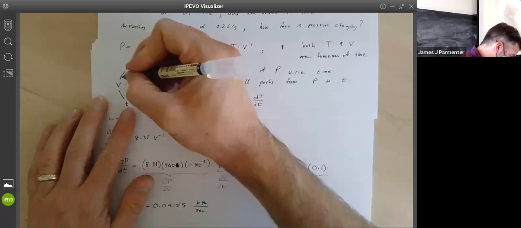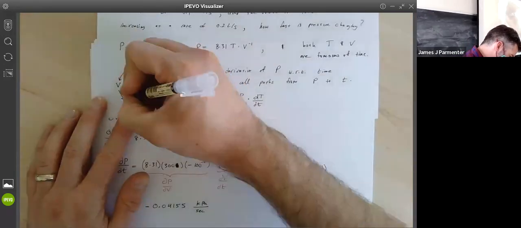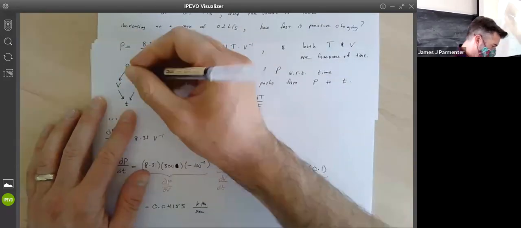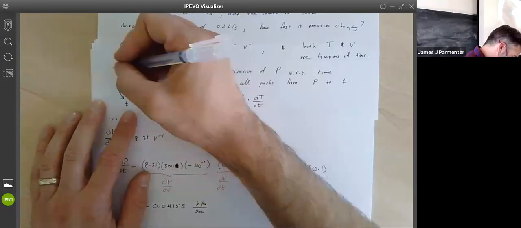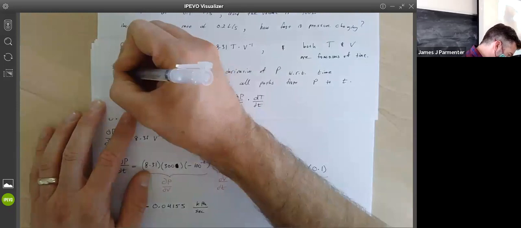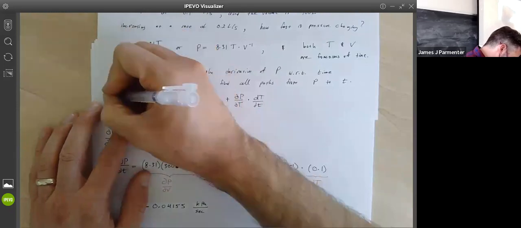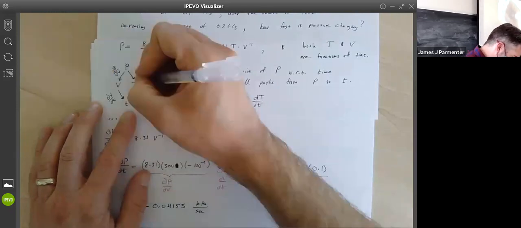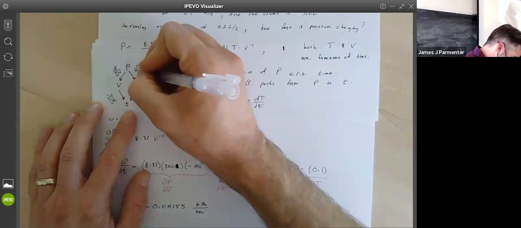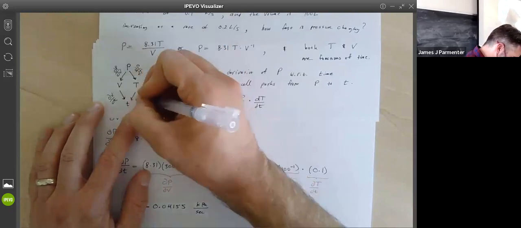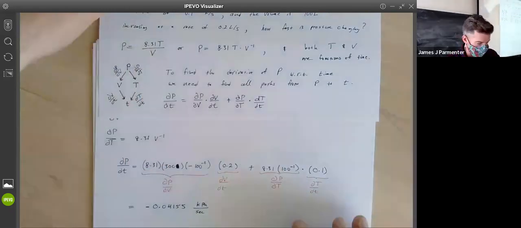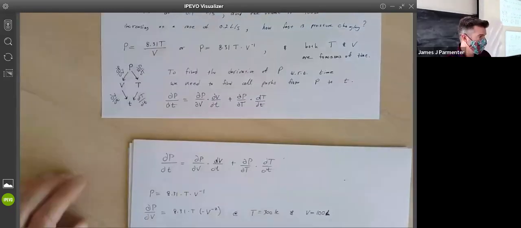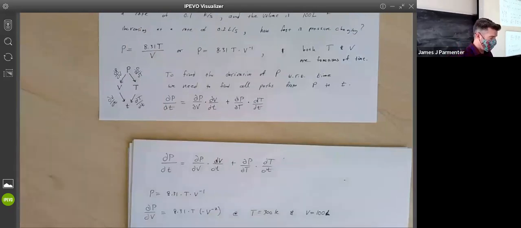So typically, to get from P to V, you're finding del P del V. To get from V to T, you're finding dV dt. To get from P to T, you're finding del P del T. To get from T to T, you're finding dT dt. That's the main gist of what's going on here. So whenever you have to use the chain rule, this is what we're going to be doing.